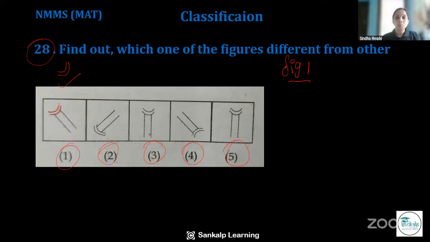Then come to image second. This one also contains two parallel lines covered with two curved caps, and the curved cap faces the same way like this, but it is in the bottom portion, not top.